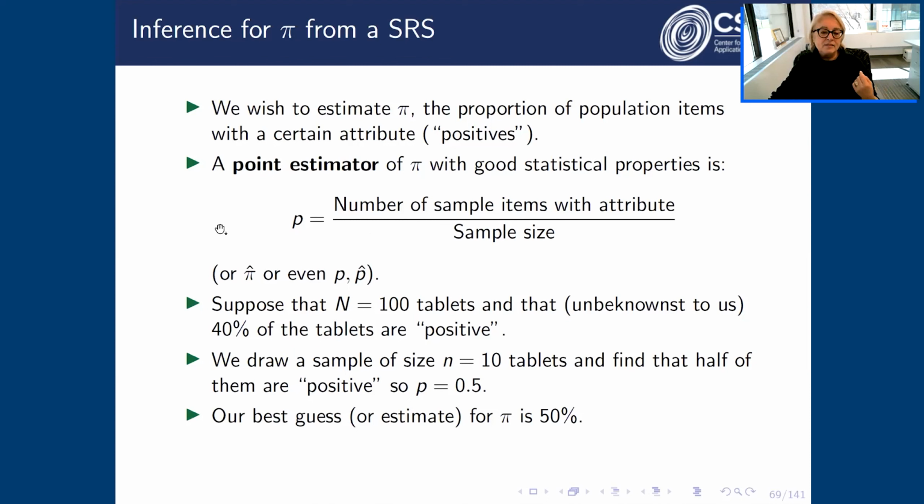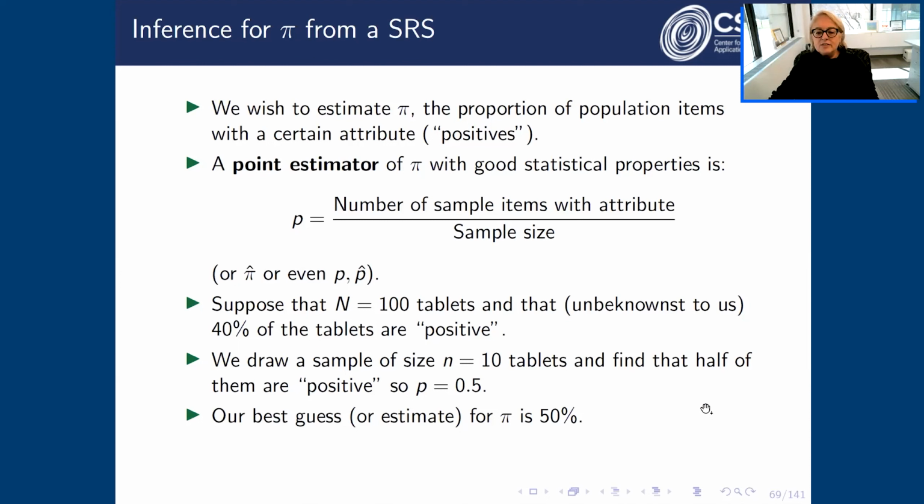So this is what I was just saying. Sometimes if people call the population proportion p, then they might call the sample estimate p hat. Or sometimes if people call the population proportion pi, they might use pi hat instead of p. So make sure you understand the context so that you know whether p refers to a statistic or to a parameter. If people that are writing have any consideration for their readers, it should be obvious from the writing.